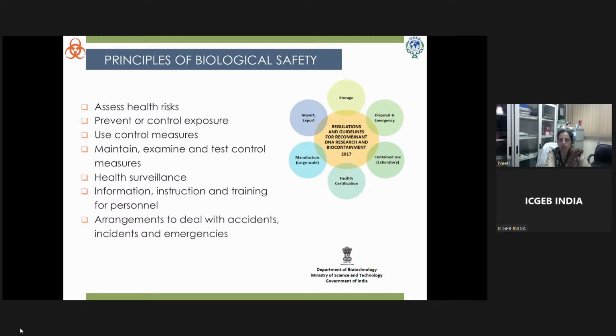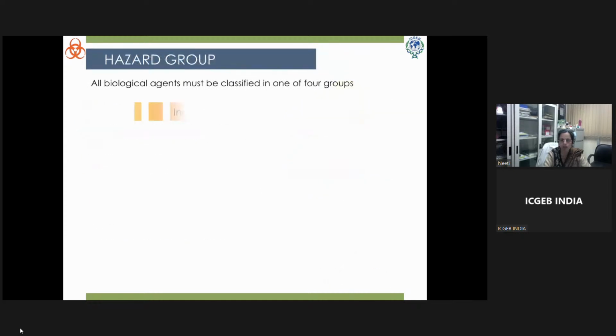Information, instruction, and training of the personnel form a very important part of biological safety, because once you are aware, then you can adopt the appropriate control measures or preventive measures to minimize exposure. And of course, labs or facilities should be equipped to handle any accidents, incidents, or emergencies that may happen, to minimize the risk events.